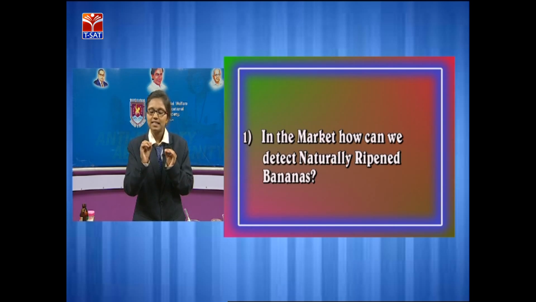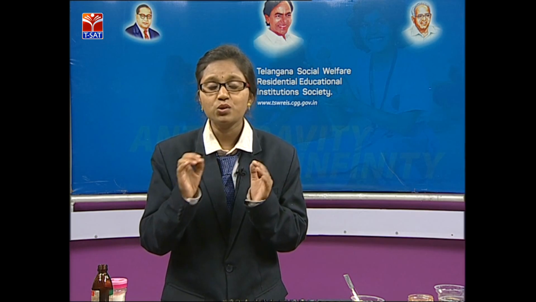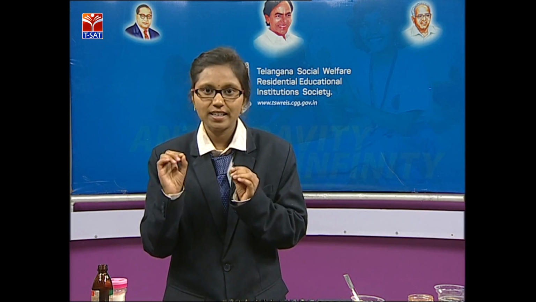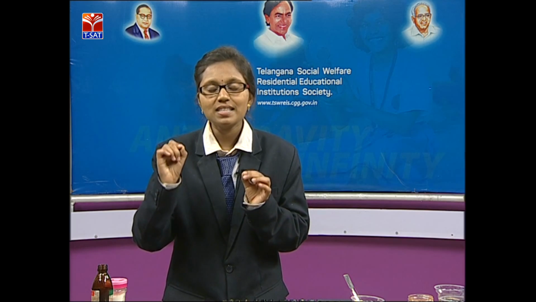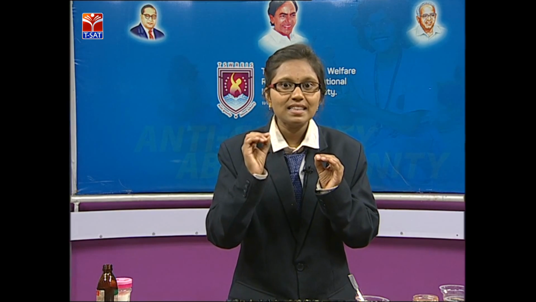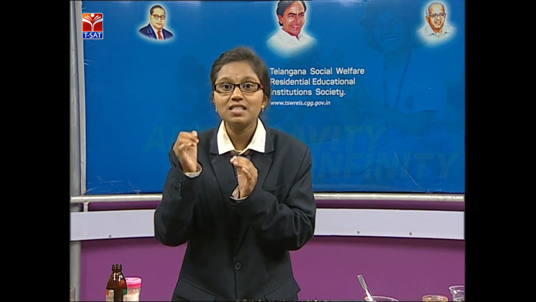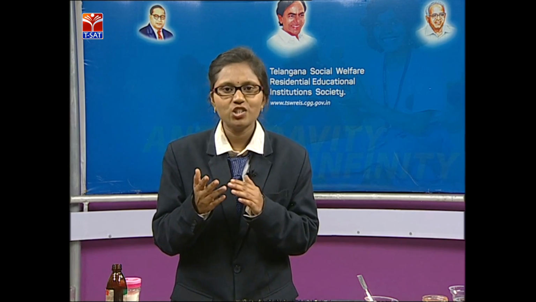A naturally ripened banana has spots on its body surface, and its stem is black in color, whereas an artificially ripened banana has uniform color without any spots on its body, and its stem remains green only. By this we can identify whether our banana was pure or adulterated with chemicals like carbide or ethanol.